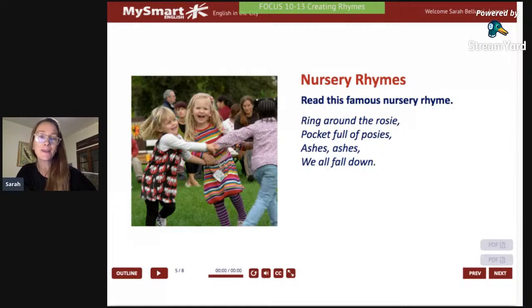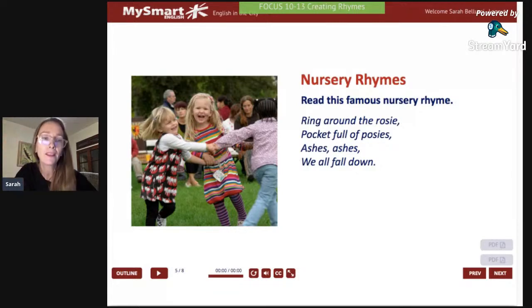Okay, so this is the famous nursery rhyme, and it goes, ring around the rosy, pocket full of posies, ashes, ashes, we all fall down. Okay, so in Italian, there is something similar, and I can't think of it now. Can you guys tell me what it is?